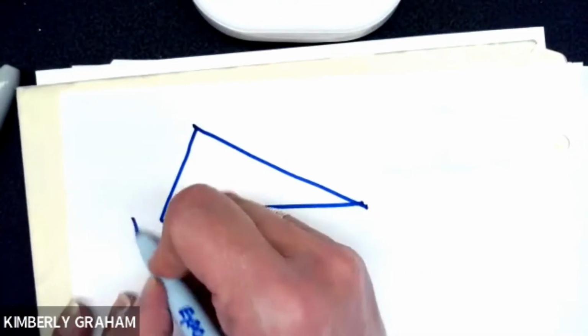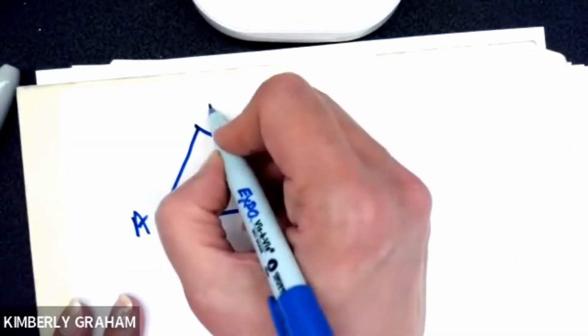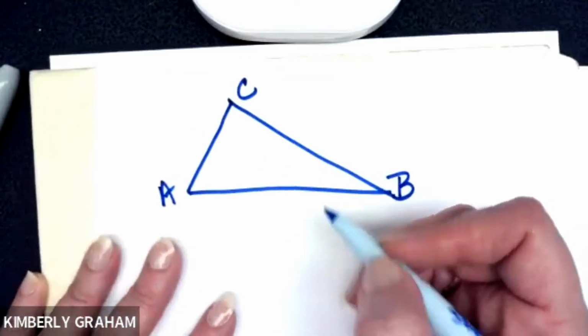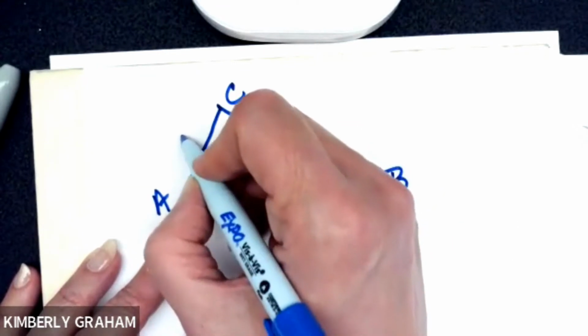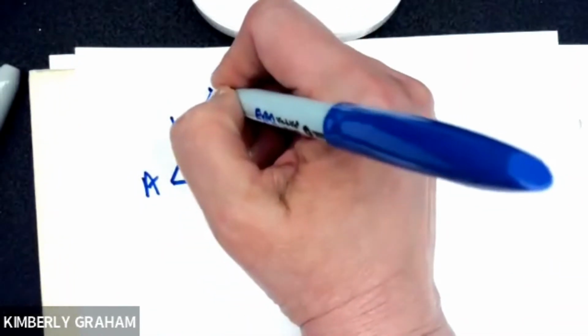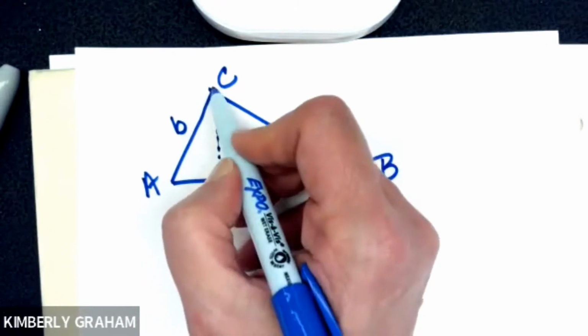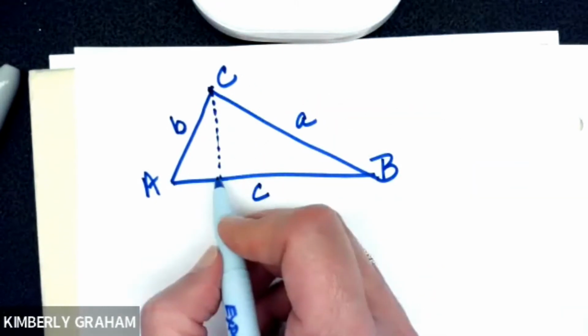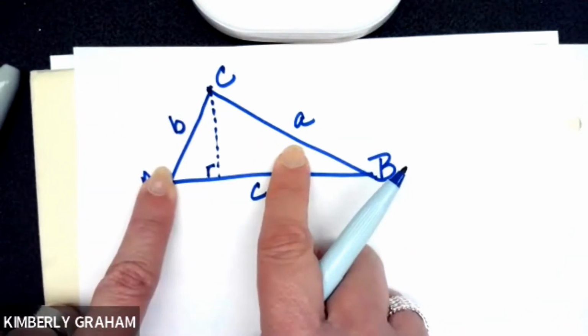Okay, so I'm going to label this A, B, and C, side A, side C, and side B. And I'm going to draw in a perpendicular line from a point up here for angle C down here. So I've got now two right triangles.